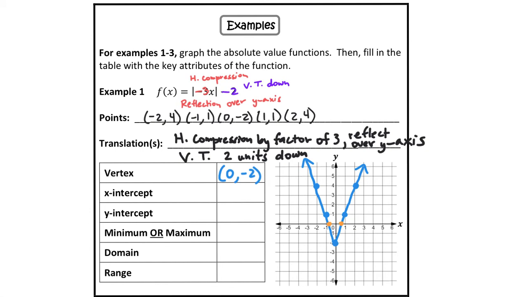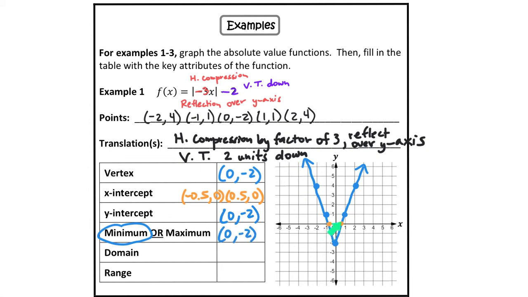So I'm going to say that that looks like negative 0.50 and 0.50. And the y-intercept is the same as the vertex, so it's going to be at 0, negative 2. We have a minimum at 0, negative 2.